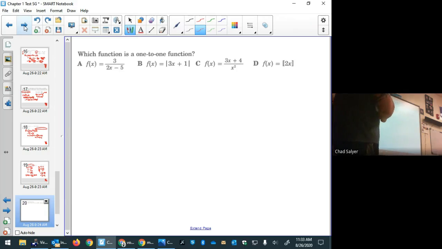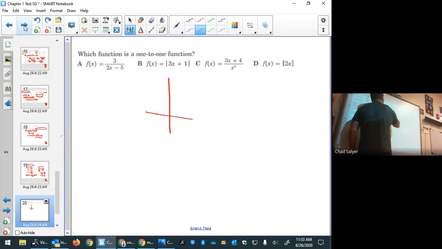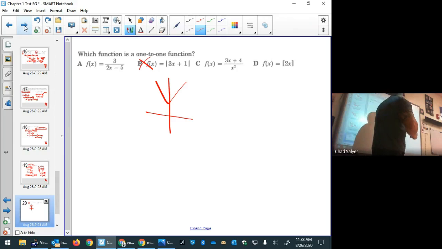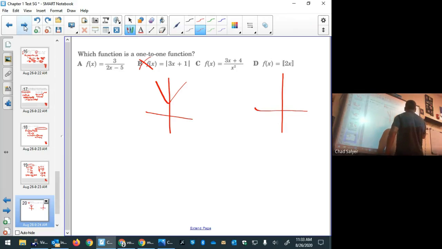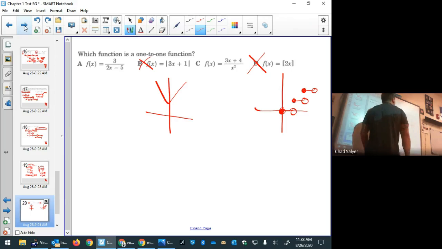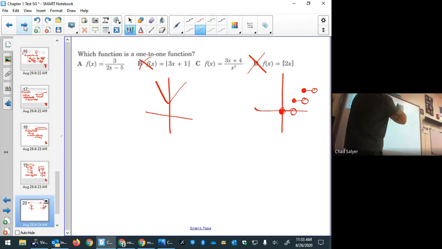Then number 19, which function is 1-to-1? Which would pass the horizontal line test? Well, we know how absolute values are shaped and how transformation works, and B would fail. We know how the greatest integer function works and how that transformation would impact it. So that's going to be like this, which would of course also fail the horizontal line test because those are a bunch of little horizontal lines.